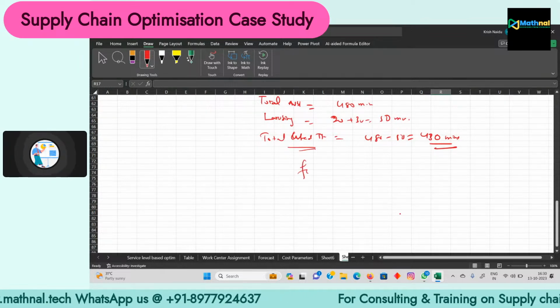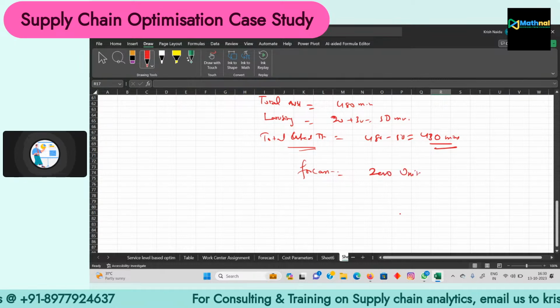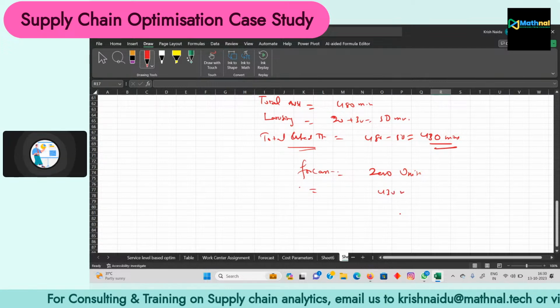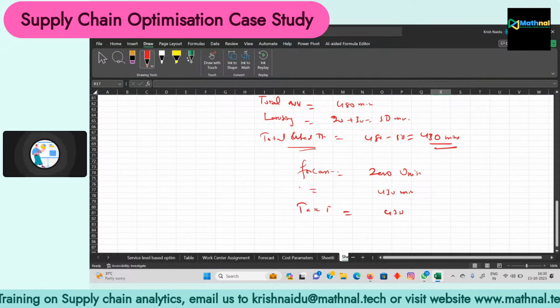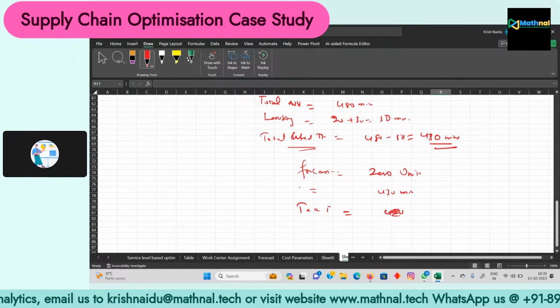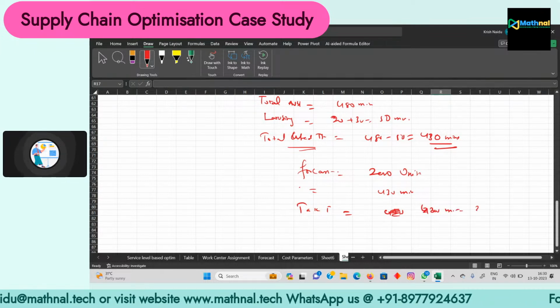Now suppose the forecast is 2000 units, and my available time for production is 430 minutes. So 430 minutes is for 2000 units.